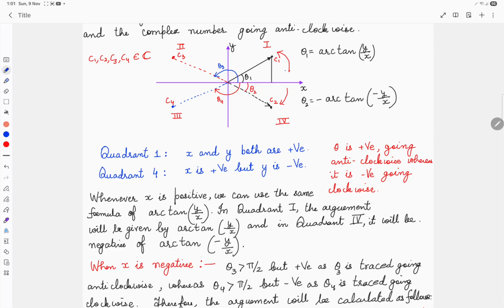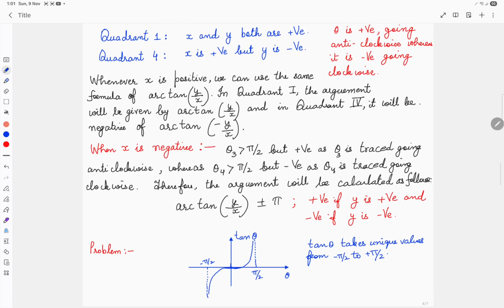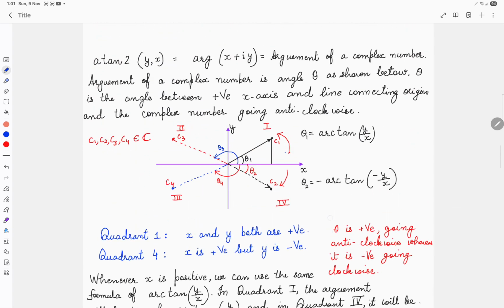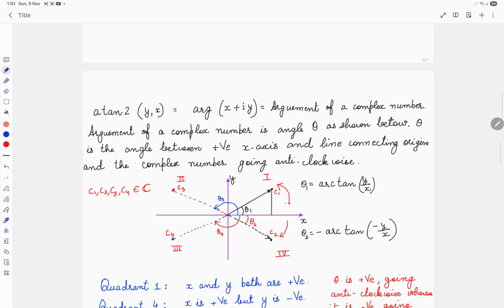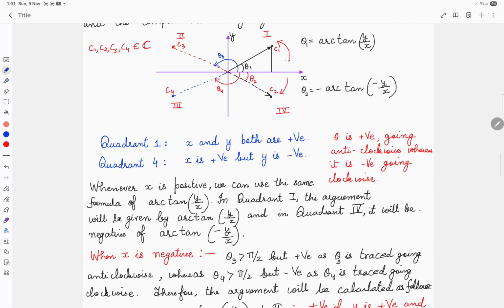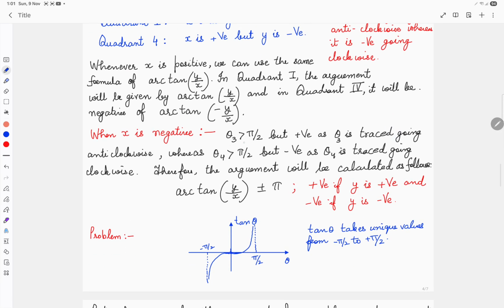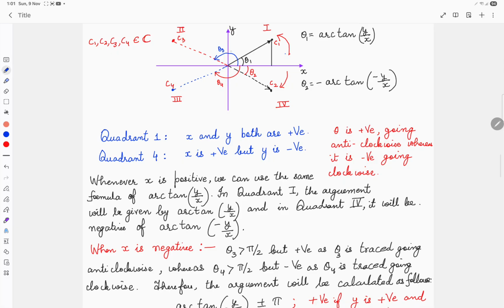But the problem, as I have explained previously also, starts when x is negative. Particularly I am talking about angles theta 3 and theta 4. Now theta 3 is greater than pi by 2 because it lies in the second quadrant, but positive, as theta 3 is traced going anti-clockwise in this direction.